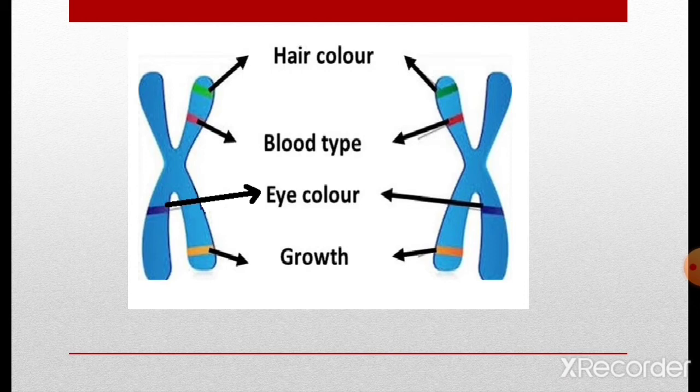The third one is the gene or allele for eye color, and the fourth one is the gene or allele for height of the organism. Okay, the left side chromosome comes from the mother and the right side chromosome comes from the father. So the human being is a diploid organism.